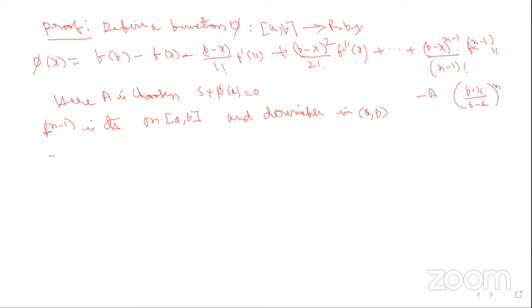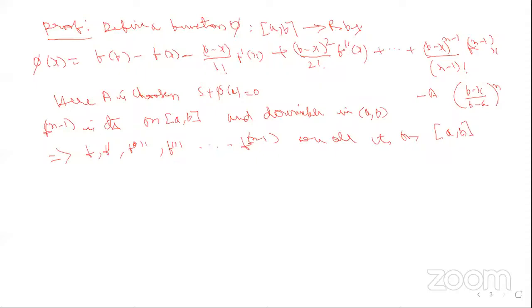Now that implies f, f dash, f double dash, f triple dash, and so on up to f of n minus 1 are all continuous on [a, b].